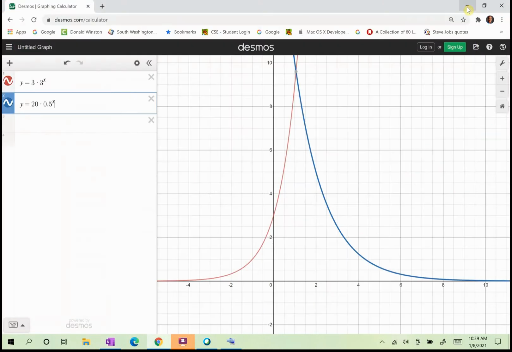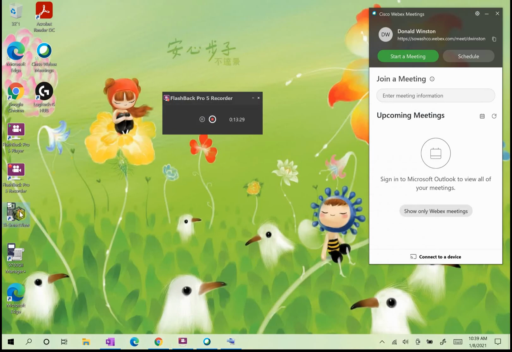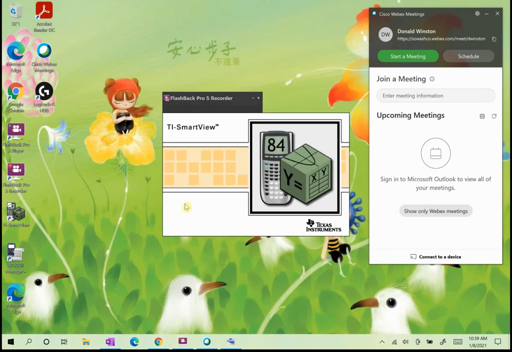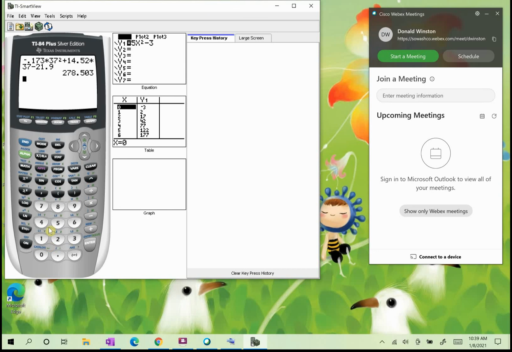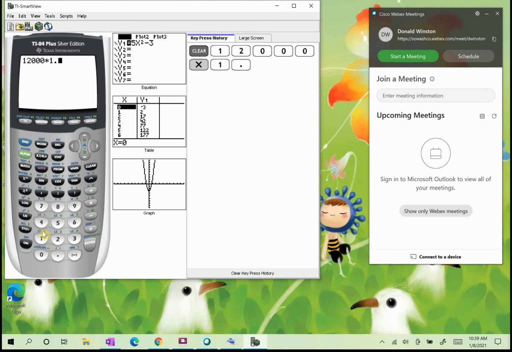So that was 12,000 times 1.14 raised to the 10th. So the value of that guitar would be worth about $44,486.